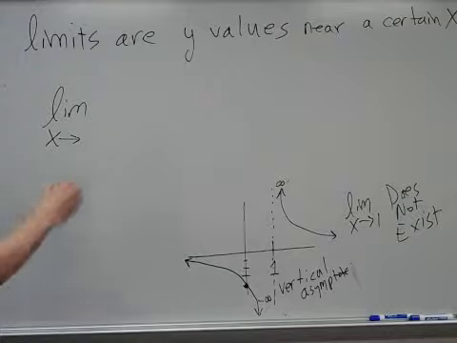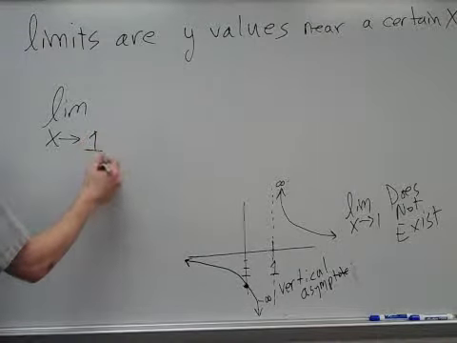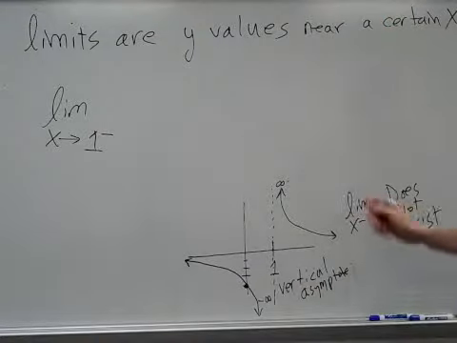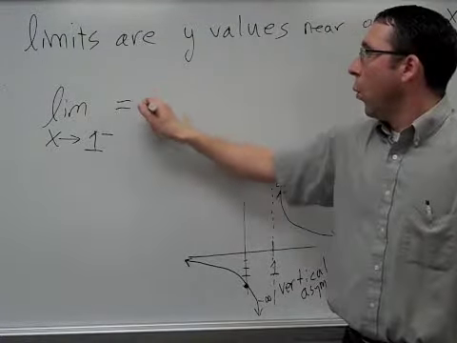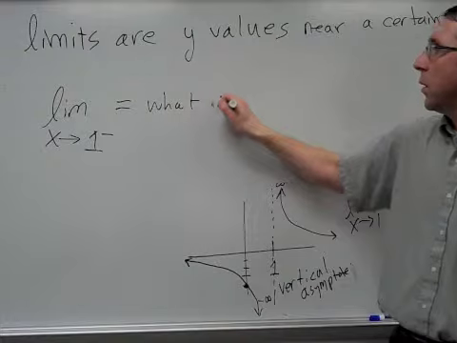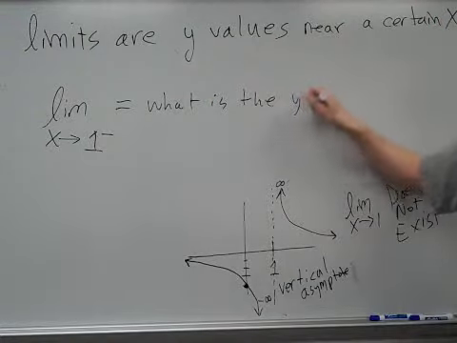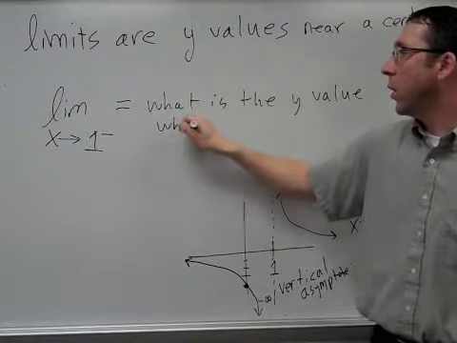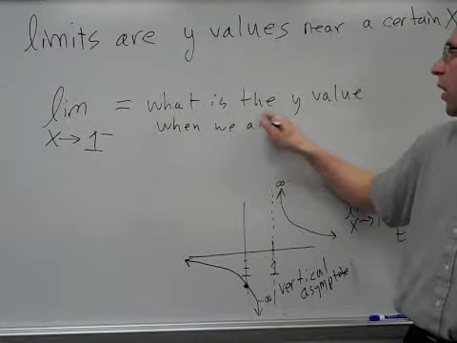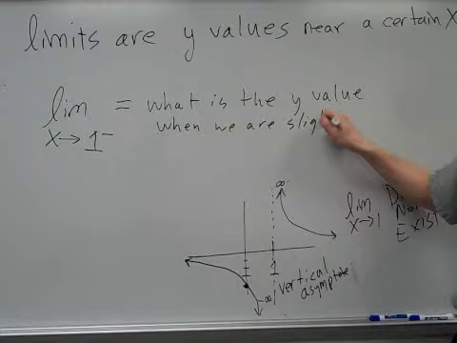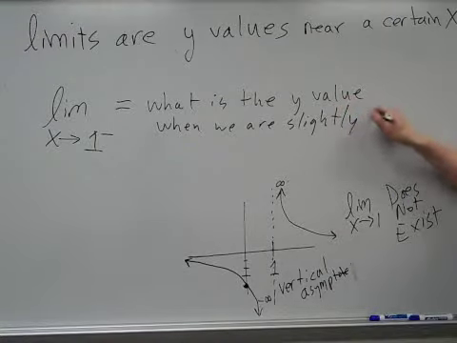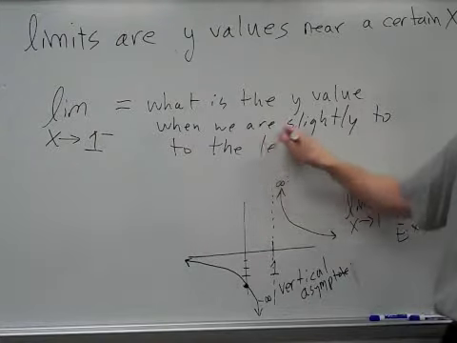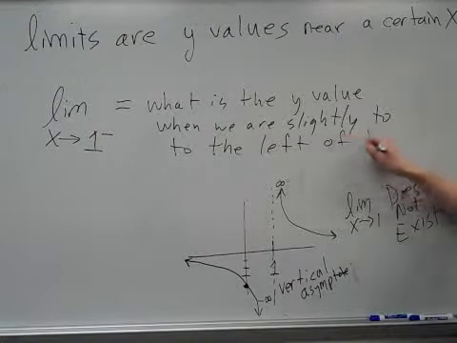The limit as x approaches 1 from the left. That's what that negative means. That means, what is the y value, or what is the height of the graph, when we are slightly to the left of 1.